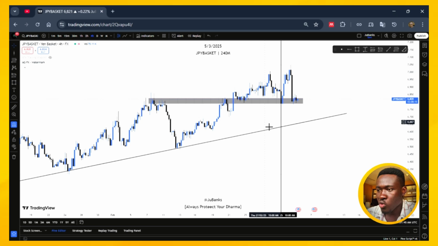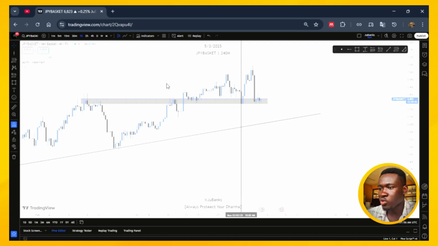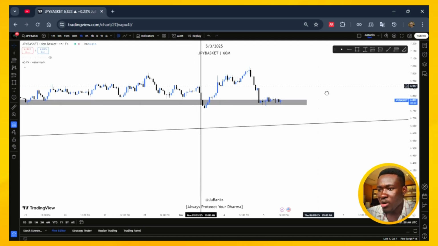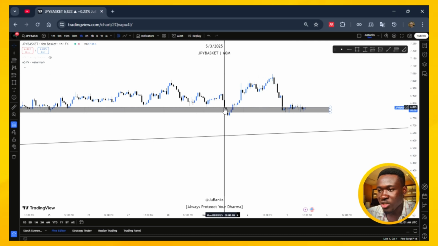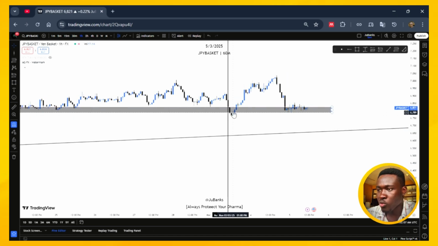When I saw that it had broken and approached my zone, I moved to the 1-hour time frame to view it more clearly so I could take my trade. Around this side, I was looking at the market closely, and the reason I didn't take sells here is that I know a lot of people would make that mistake and short the market right here, and they would have taken losses. Why didn't I?